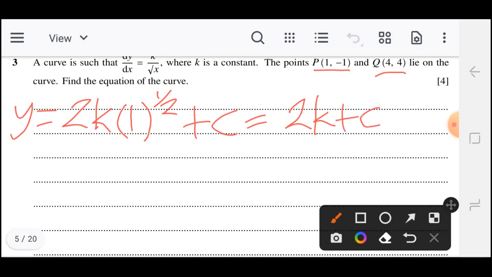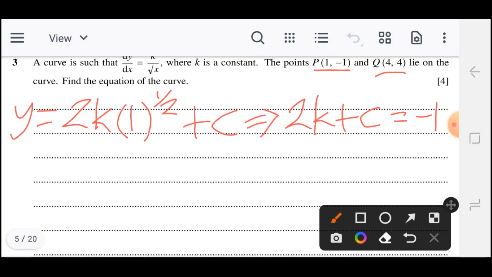Then if we take the coordinates of q, right, before we do that, our y for p is minus 1. So this should be equal to minus 1. We keep this equation as our equation 1.